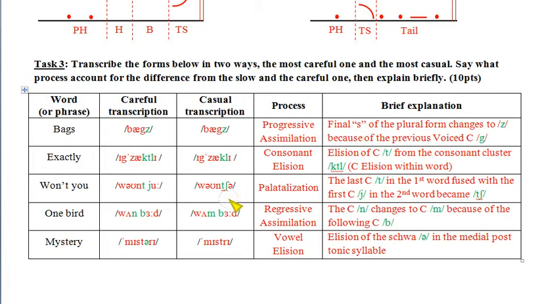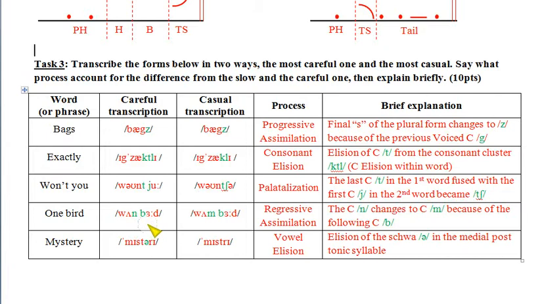This process is called palatalization, and it is the third type of assimilation. The explanation is the last consonant T in the first word fused with the first consonant U in the second word and became ch.